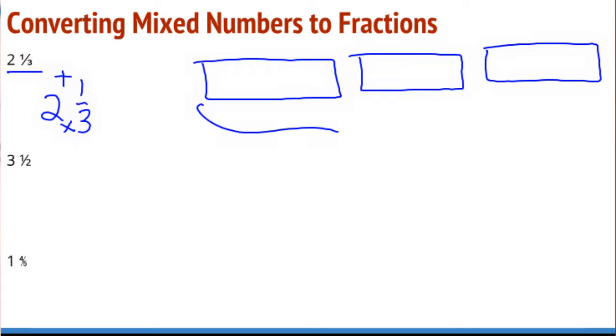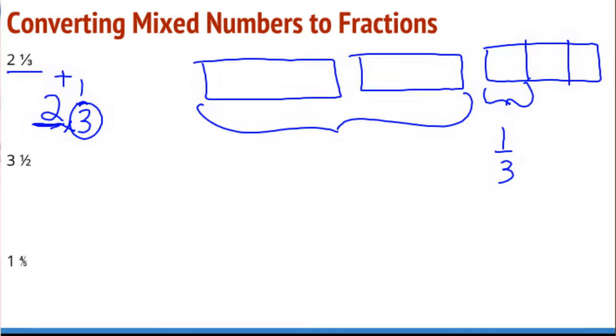So here I have 2 wholes, and here is my 1/3. Now, because we want to turn this into a fraction, we want everything to be counted in thirds. Even these 2 wholes, we would like to have counted as thirds. So I need to divide my wholes into thirds.